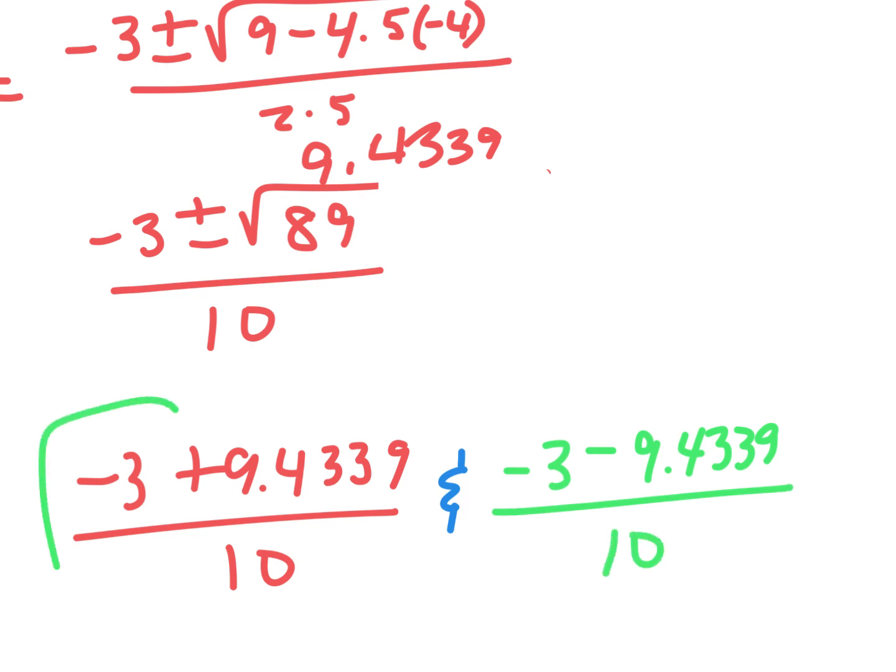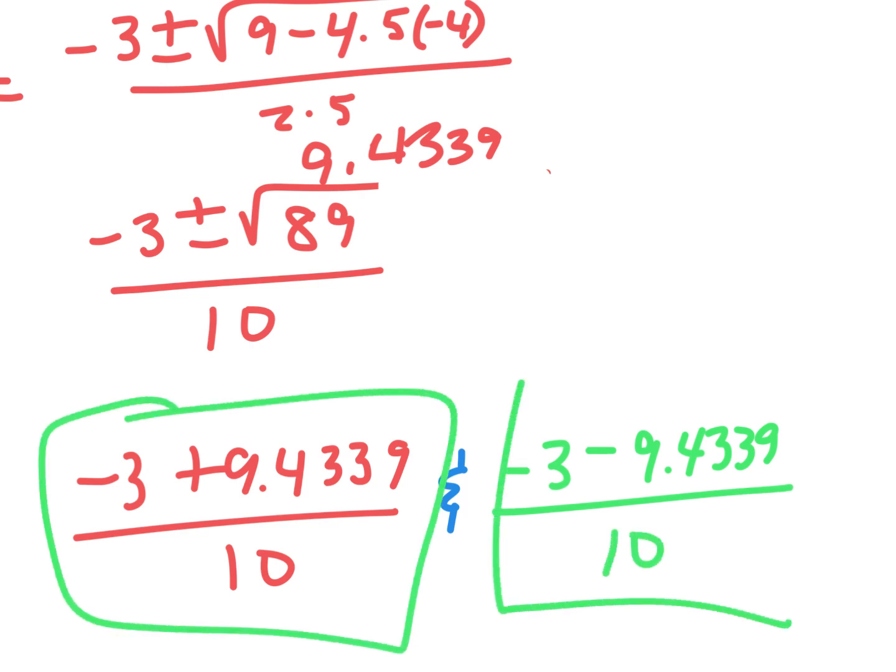There's your two answers. You just got to get a calculator to give you the actual final result as a decimal. And it does say to the hundredths, in case you've forgotten what that means.